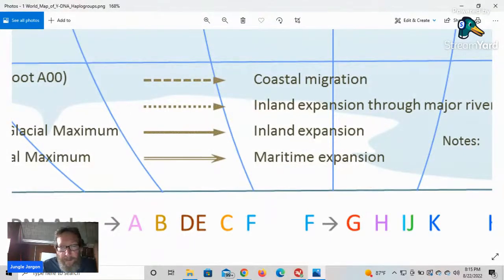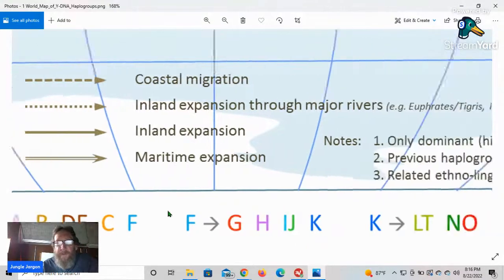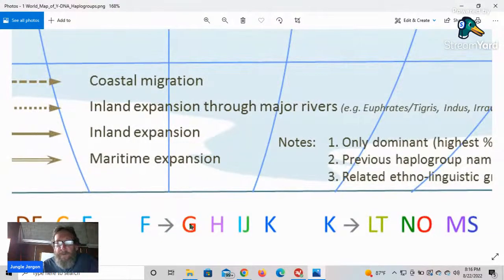At face value, A, B, C, D, and E. Skip the F. The F is a part of this group. F, G, H, I, J, and the K, L, M, N, O, P, Q, R, S, and T.